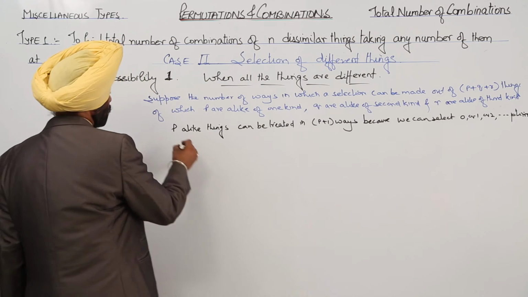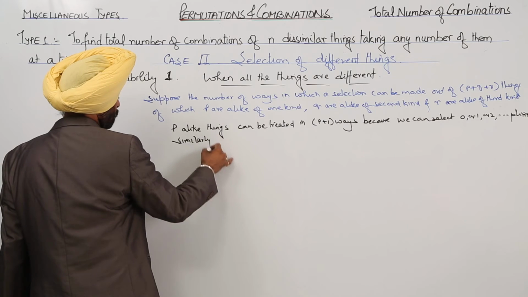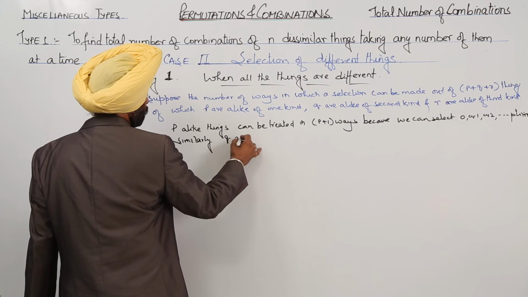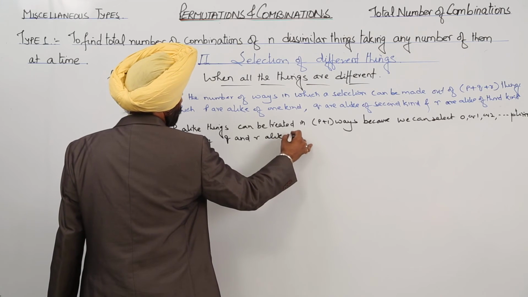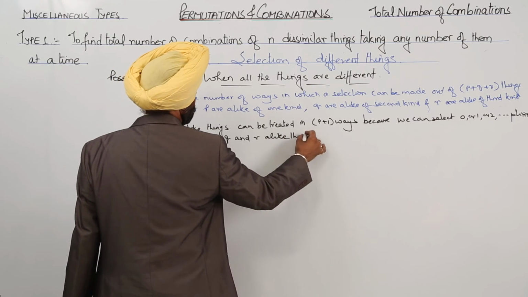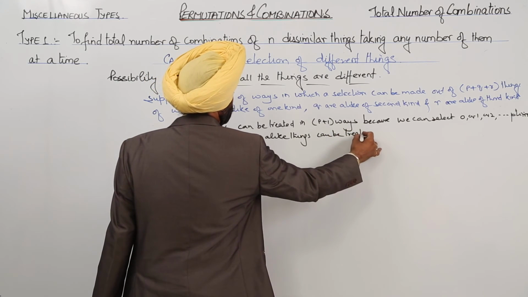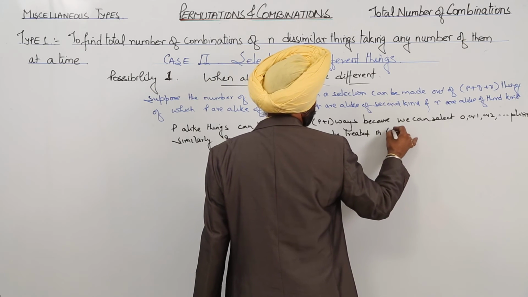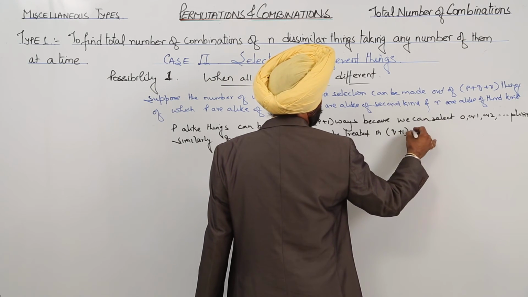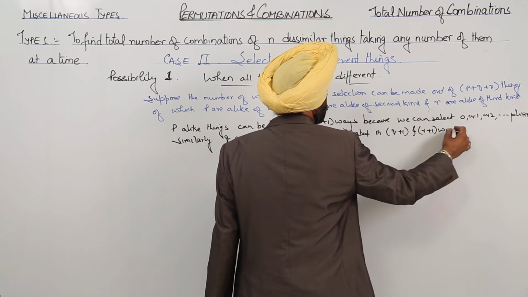Okay, similarly Q and R alike things can be treated in Q plus 1 and R plus 1 ways respectively.